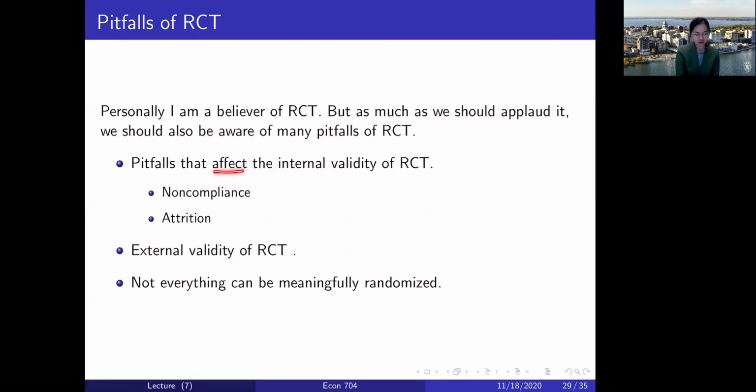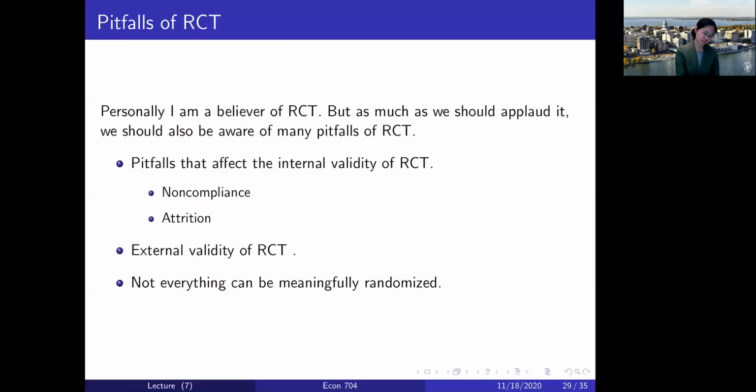Pitfalls that affect the internal validity of RCT include non-compliance and attrition. So what is internal validity? That's basically assumption A1: whether in your sample, X and U are independent or not.